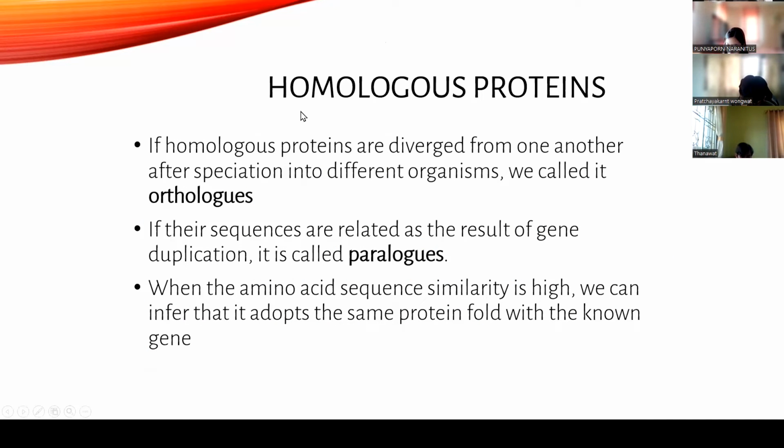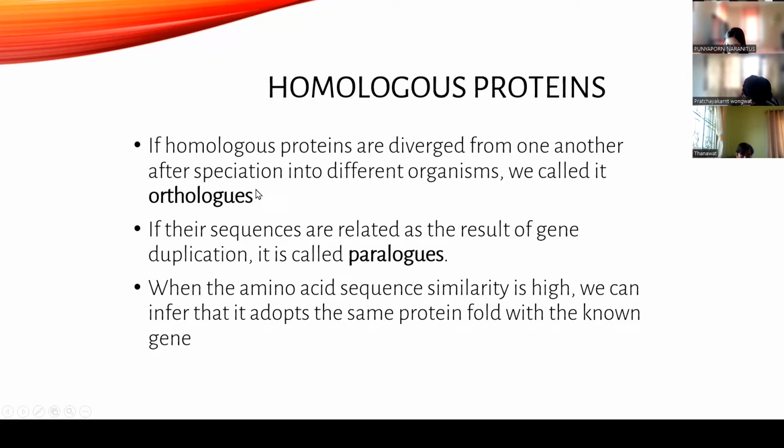So proteins with similar sequence can be divided into two groups. One is called orthologs. If homologous proteins diverged from one another after speciation into different organisms, we call them orthologs. If the sequences are related as a result of gene duplication, it's called paralog.